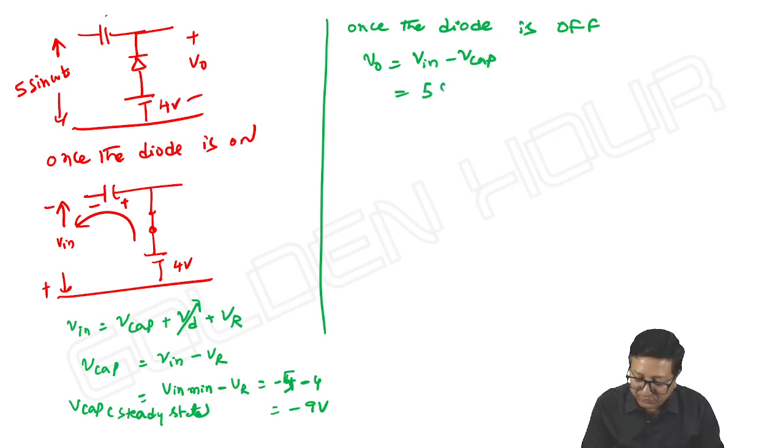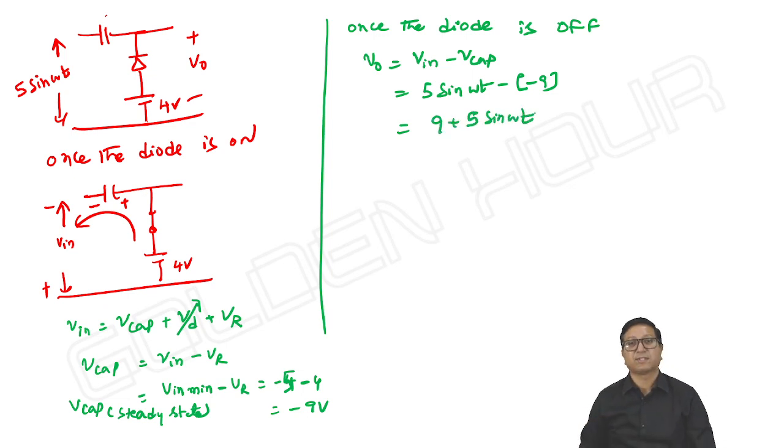V input is 5 sin omega t, minus V capacitor, which is minus 9. So it is 9 plus 5 sin omega t. Is it not so? Okay.